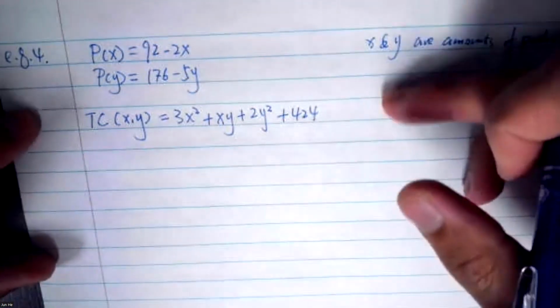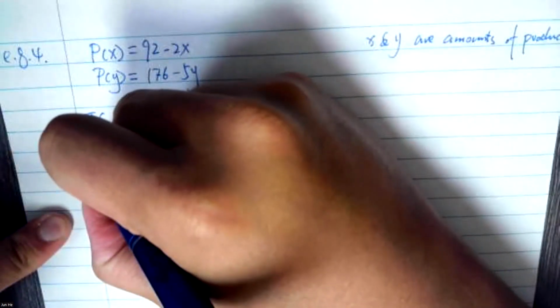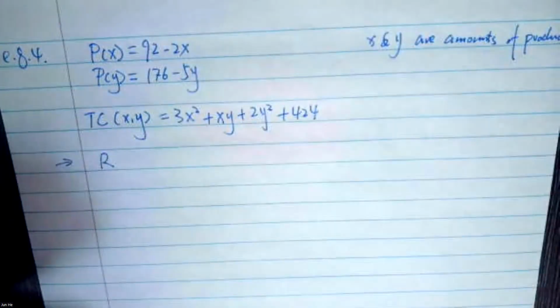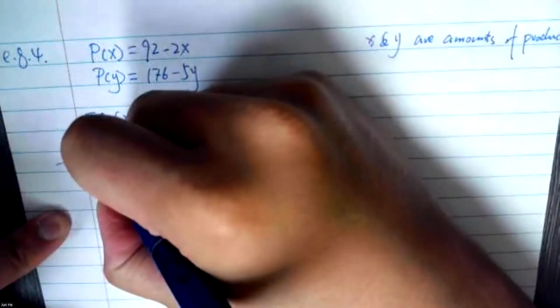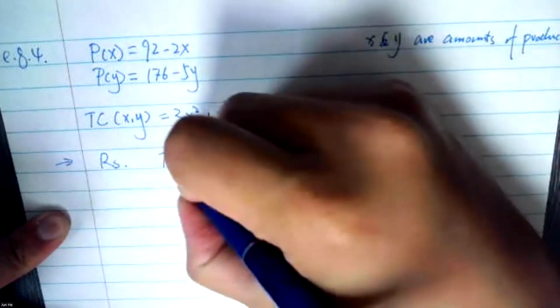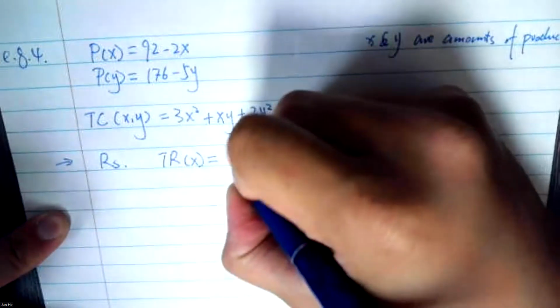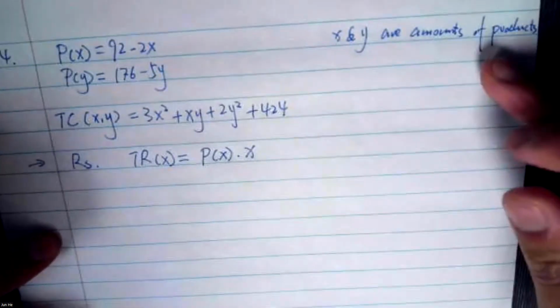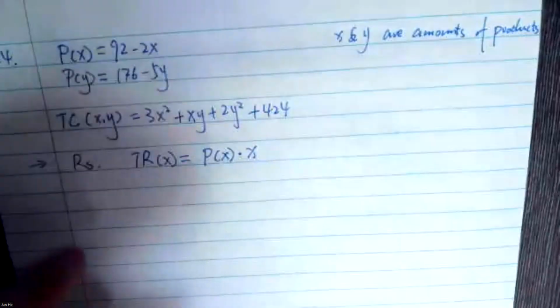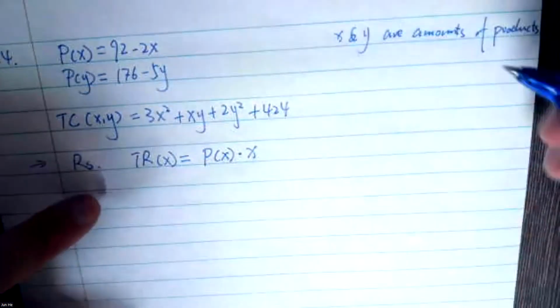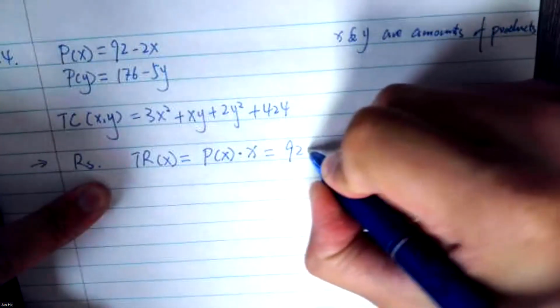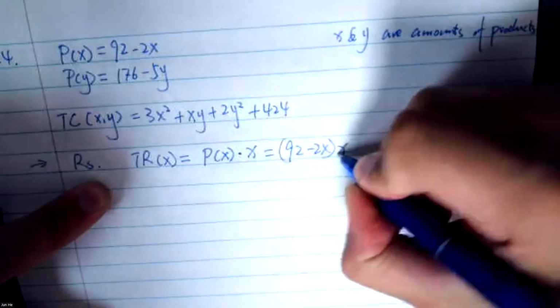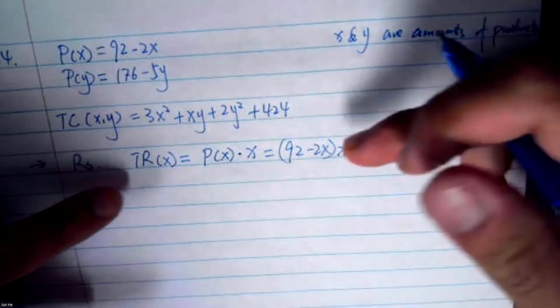So now, in order to do this, first we need to figure out revenue. So here is revenues, right? The total revenue of X now is the price of X multiplied by the quantity of the first product, which is X. So that is 92 minus 2X multiplied by X. So that is the first revenue.